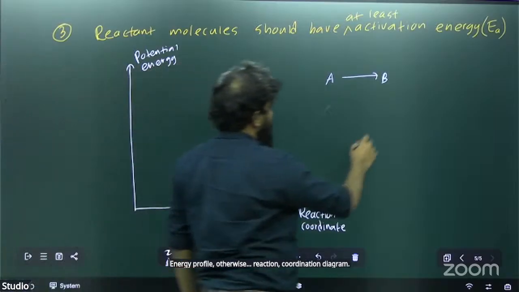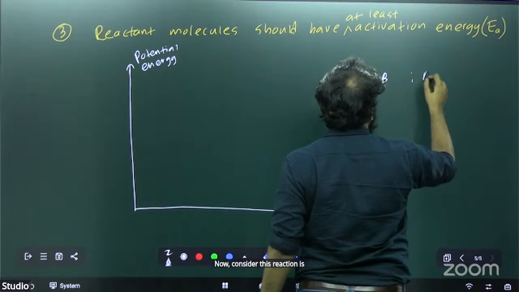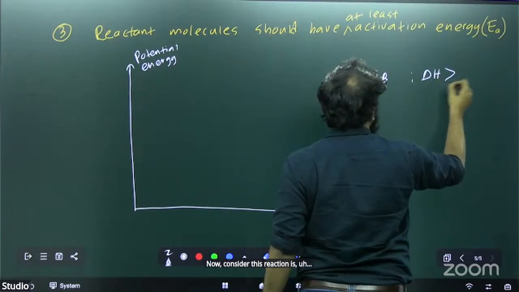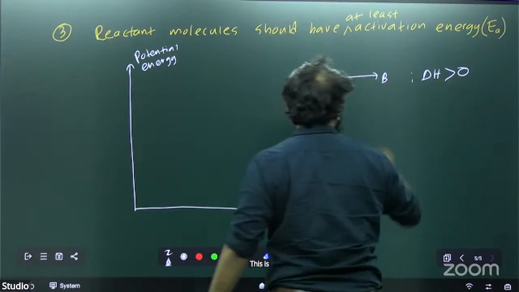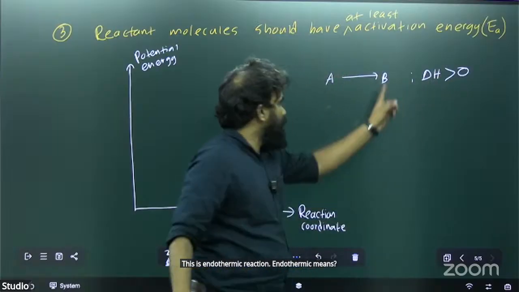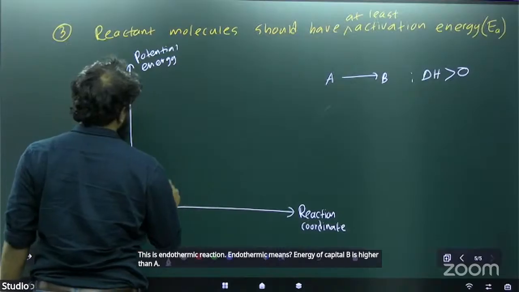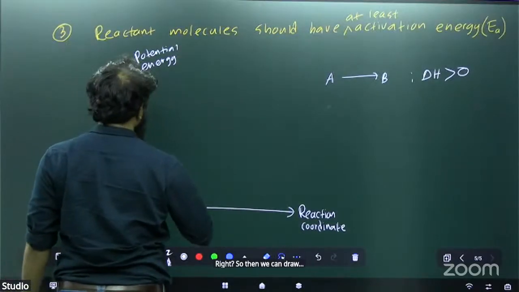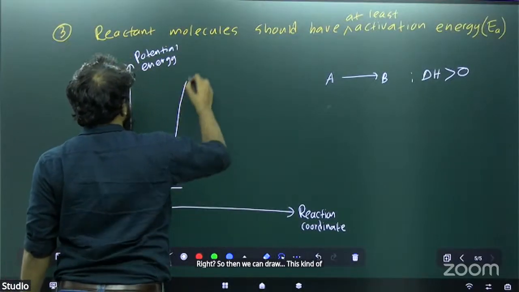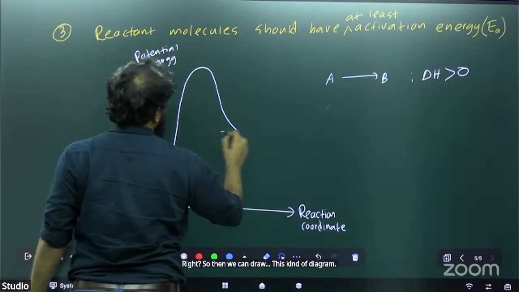Now consider this reaction is endothermic. This is an endothermic reaction. Endothermic means the energy of capital B is higher than A, right? So then we can draw this kind of diagram like this.